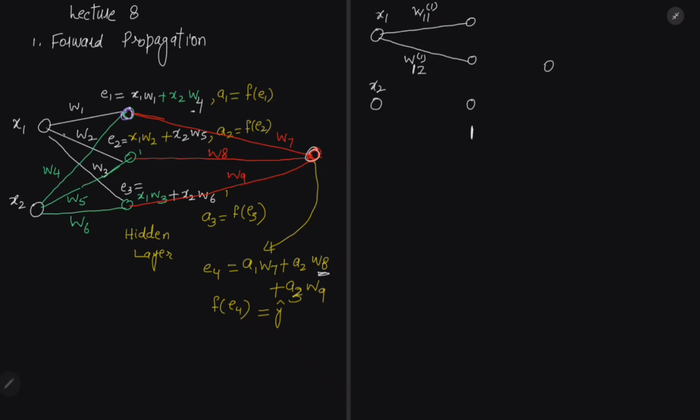I hope you got the point. Similarly, you do the same for all the other values, and you do the same from here, then here, then here, so on. You have to change the notation.